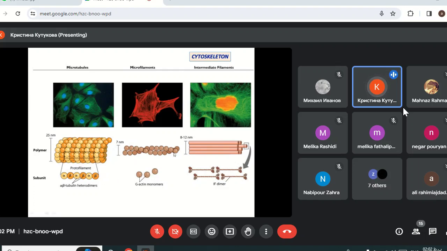All of them, microtubules, microfilaments, intermediate filaments, they consist of proteins which make monomers. Every protein, like this alpha and beta tubulin for microtubule, or G-actin for microfilament, or monomer of intermediate filament, they are monomers, and they are combined together to form larger structure, polymer.